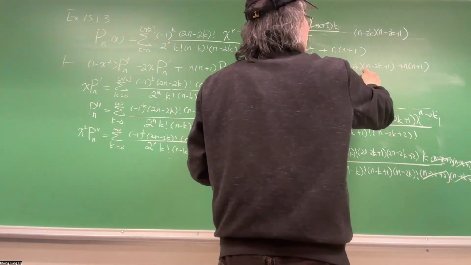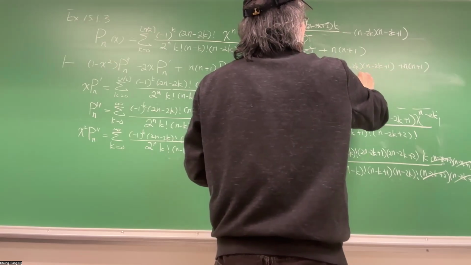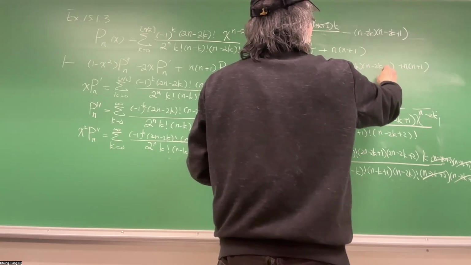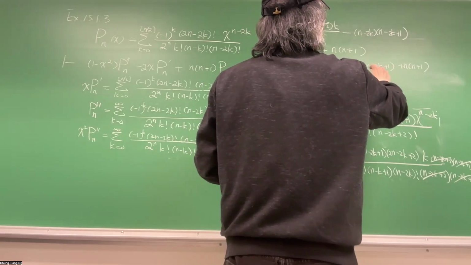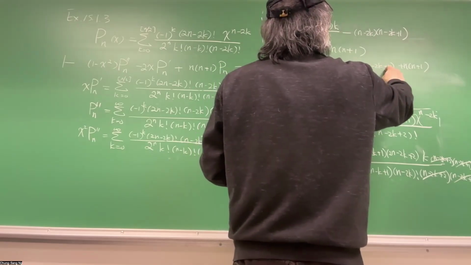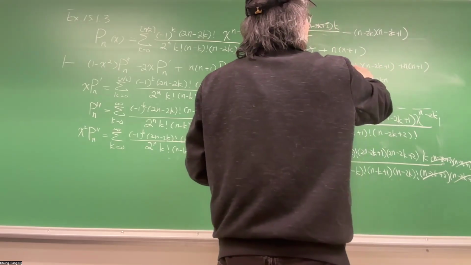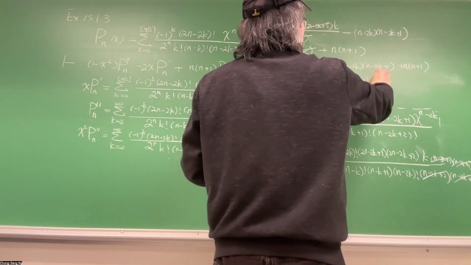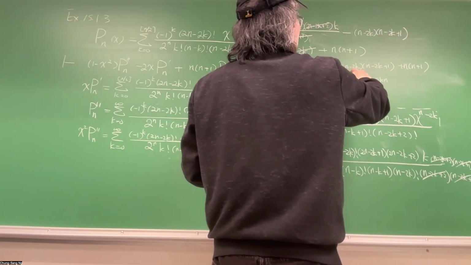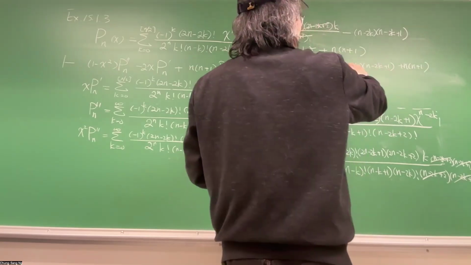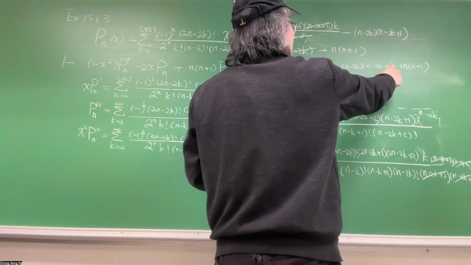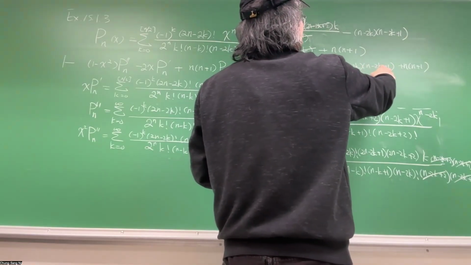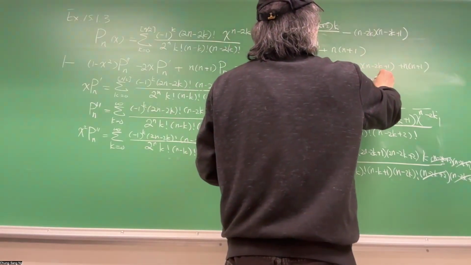We actually have n times n plus 1 here, but we need to be a little careful. No, I got it wrong. I multiply this one, n times n plus 1, right? So I take care of this one, and then n times minus 2k becomes plus 2kn.